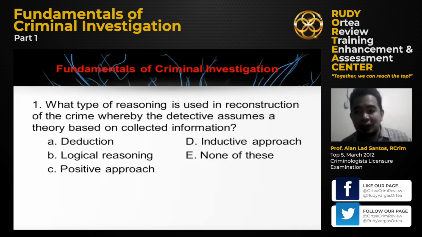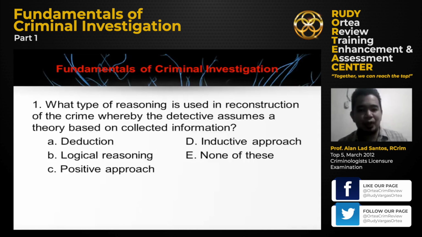Pag induction, based on, hindi siya sa collected, kundi sa mga mako-collect mo pa. Every time that you discover a new information, nadadagdagan ang iyong theory, o kumbaga mas nakakatulong ang pagdagdag ng info sa pagbuo mo ng isang theory kung anong nangyari during the crime.